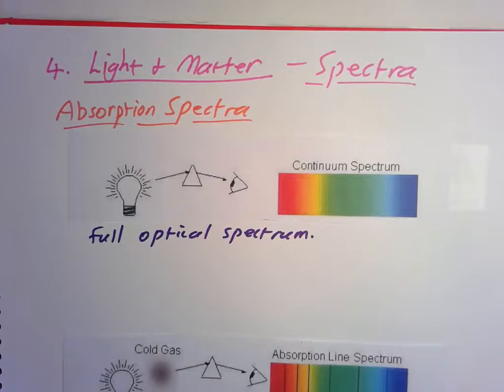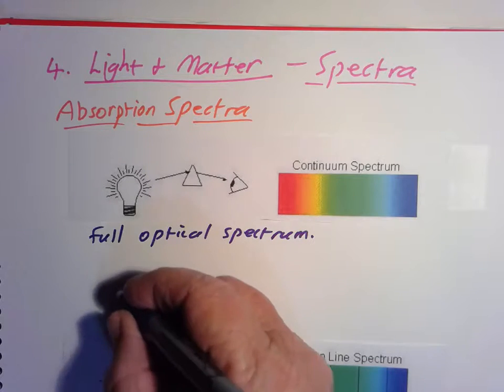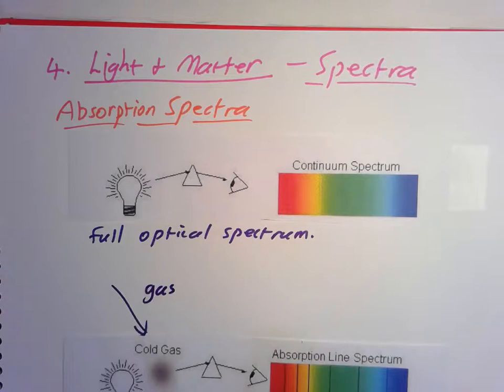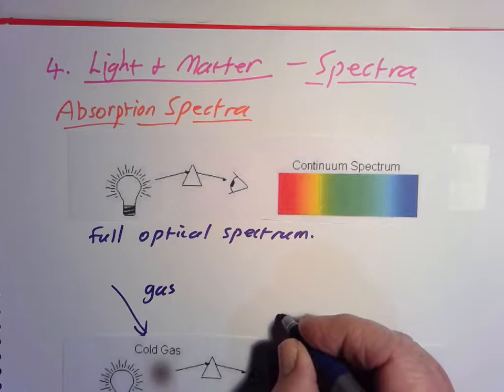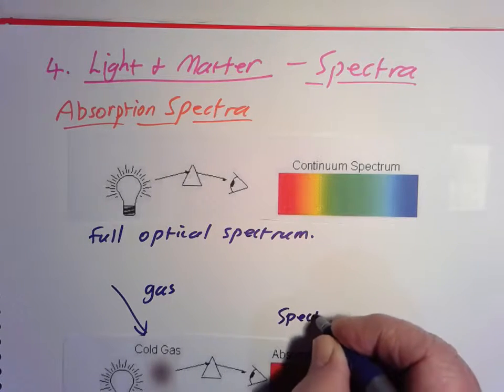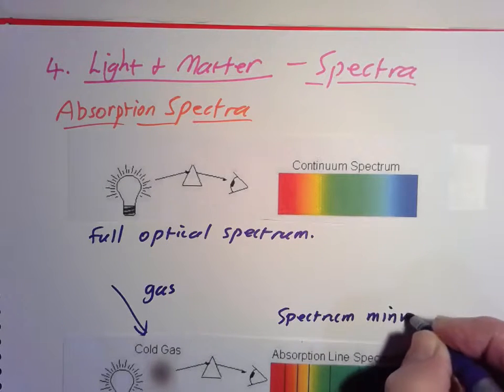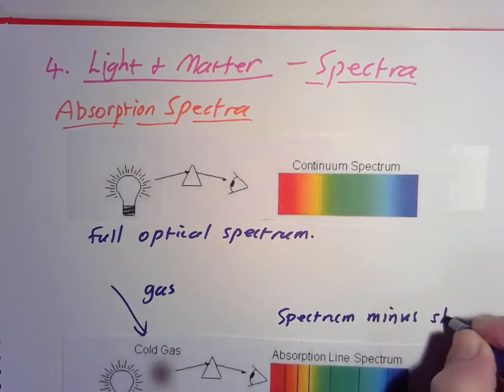So what we've got in the next picture is, as it says in the heading, an absorption spectrum. So that's when we actually shine the light through the gas, and what we're left with is a series of lines that are missing. So we still have the spectrum, but minus some very sharp lines.